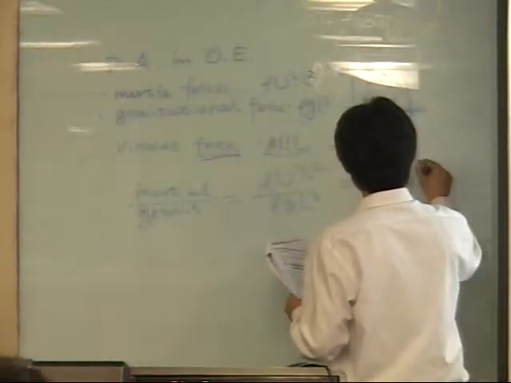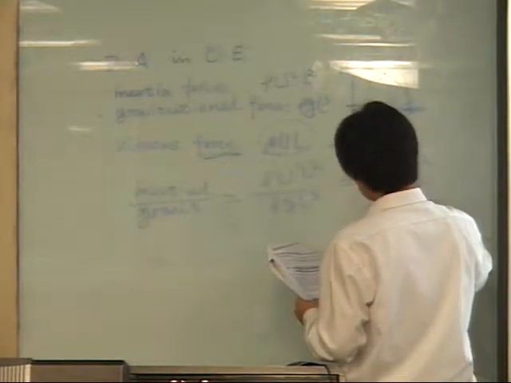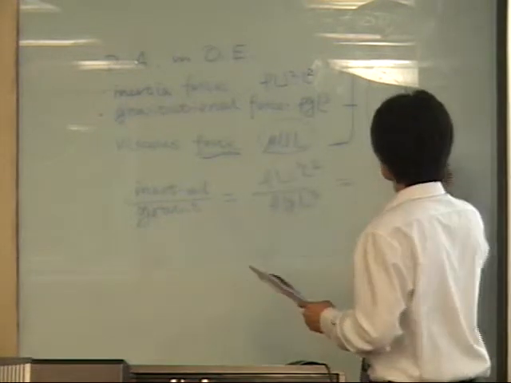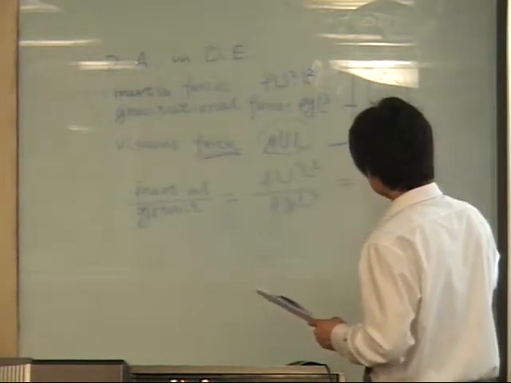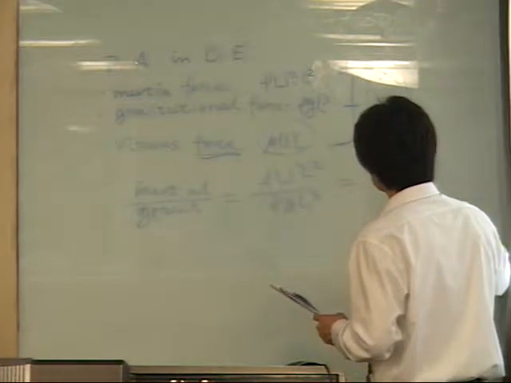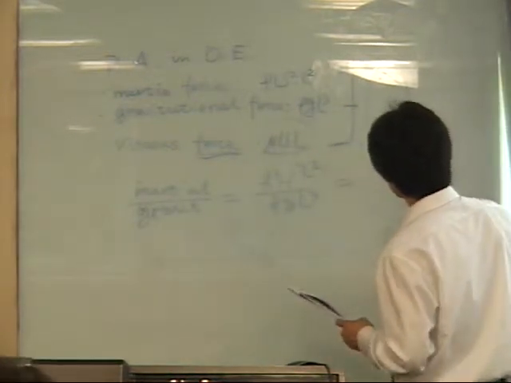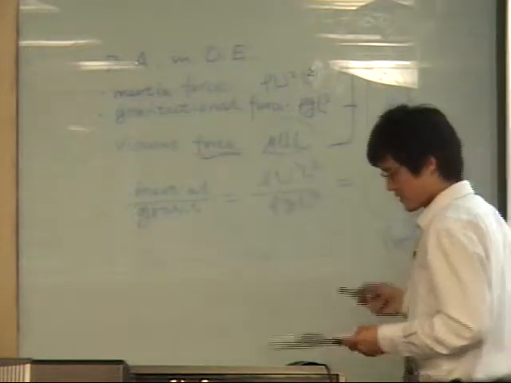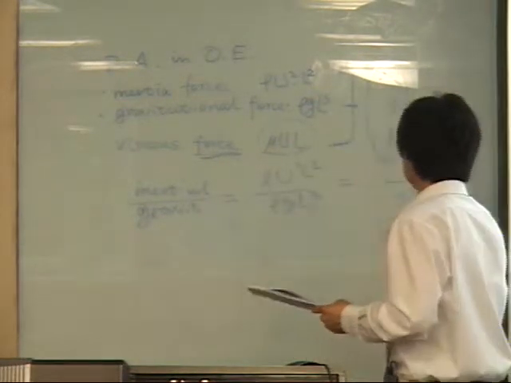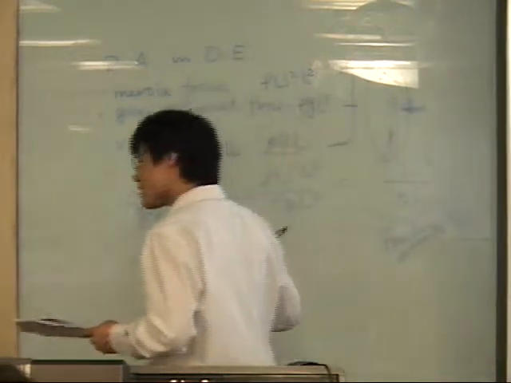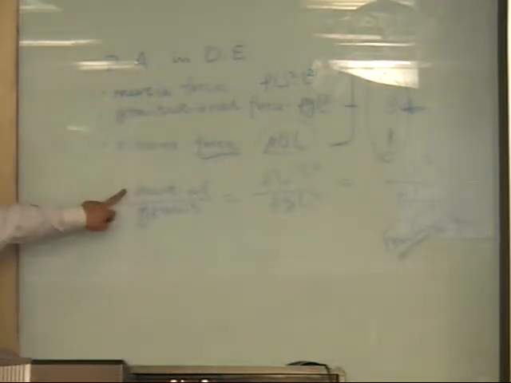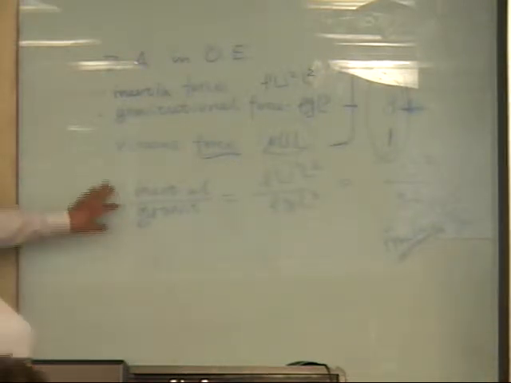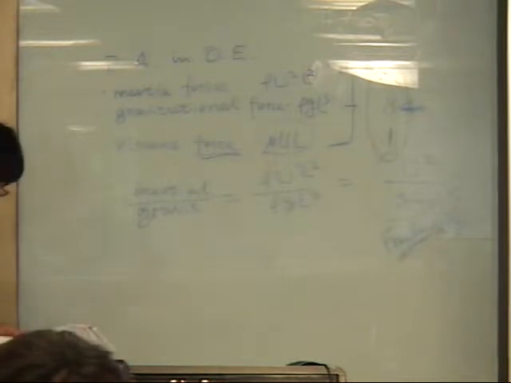You end up with U squared over gL, right? So this is one important number, called the Froude number. But in definition, people use the square root of this. It doesn't matter, it's just a definition. This is the Froude number. It's very important. It means inertial force over gravitational force. It gives you the relative importance of the two forces.